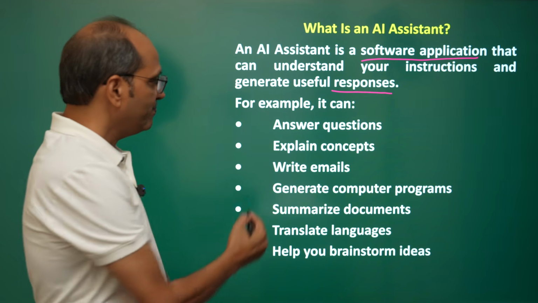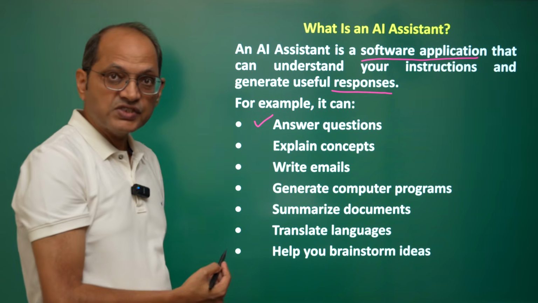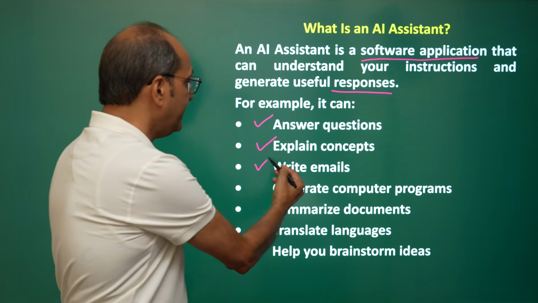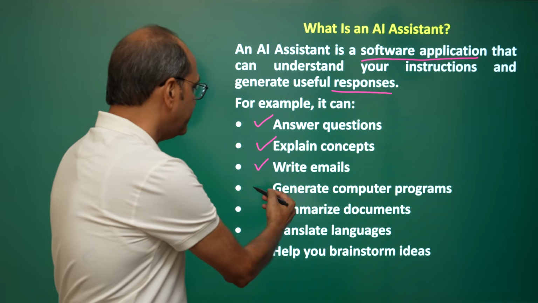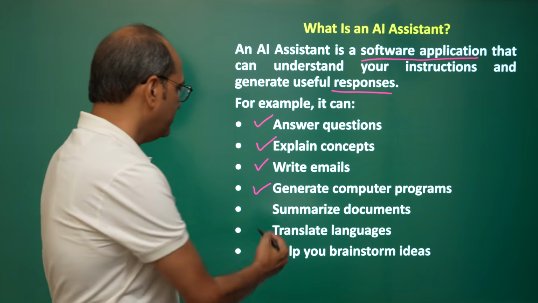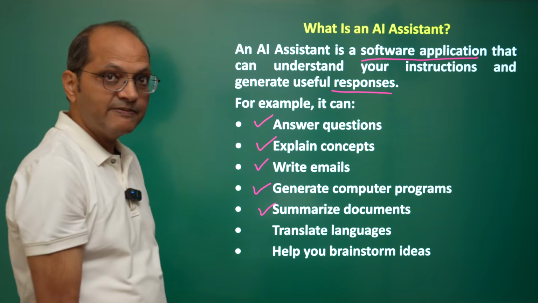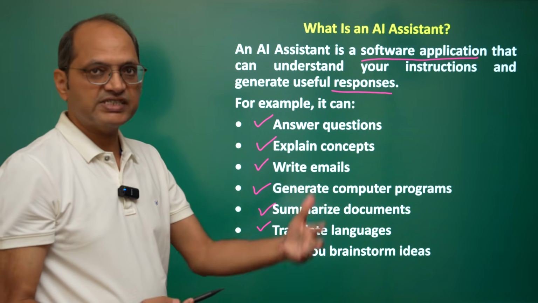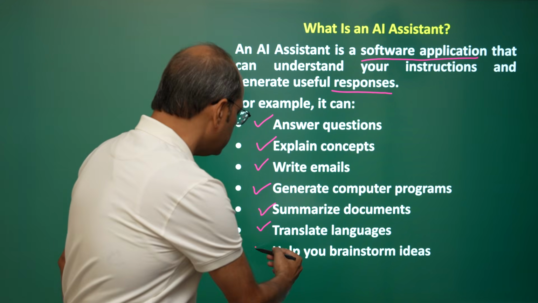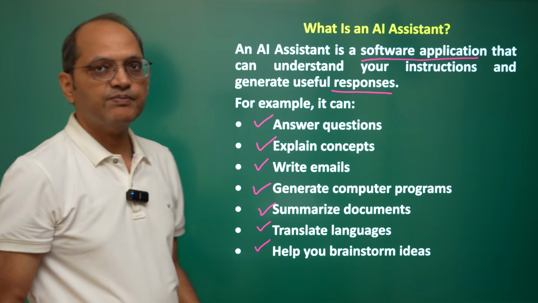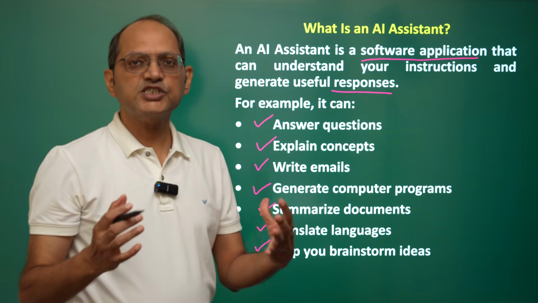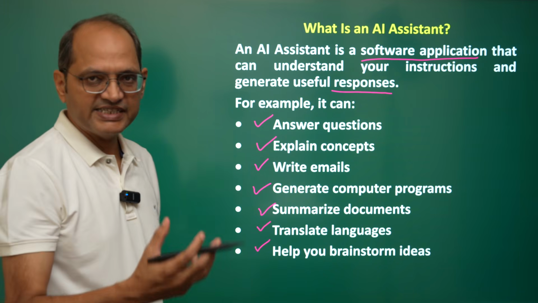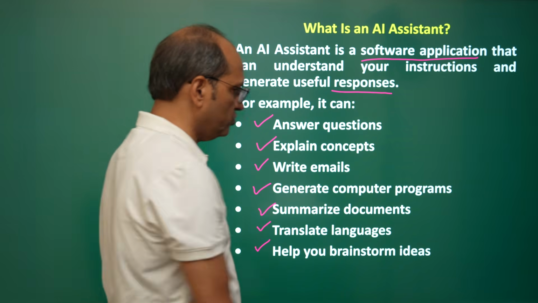For example, it can answer your questions, explain concepts, write emails, generate computer programs, summarize documents, and translate languages, for example from English to Hindi to Russian. It also helps you brainstorm ideas. You must be using some kind of AI assistant right now, like ChatGPT or Gemini, which I have told you.